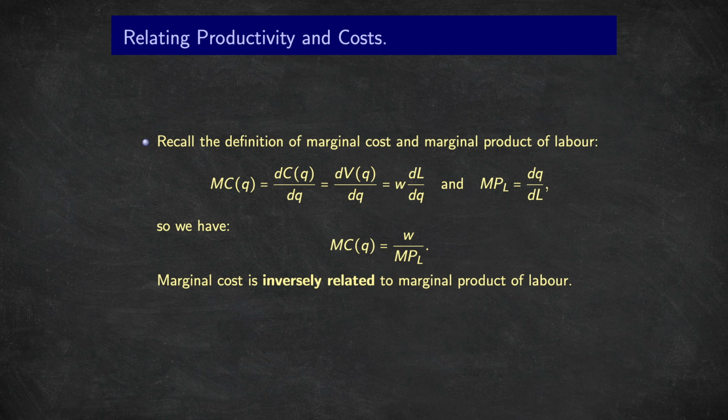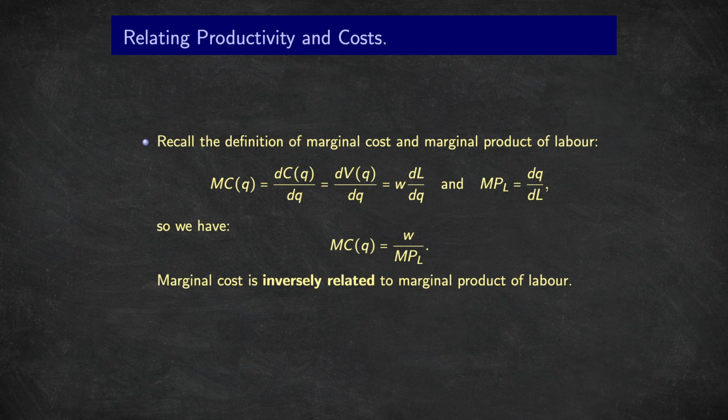A similar relationship exists between marginal cost of output and marginal product of labour. So recall that marginal cost of output is the first derivative of the total cost function with respect to output.